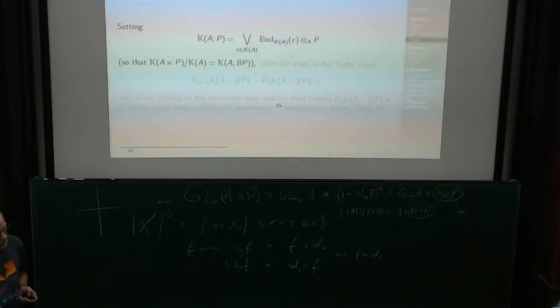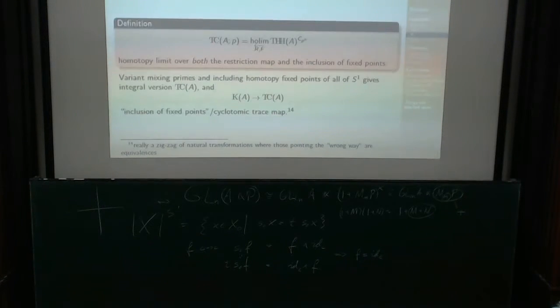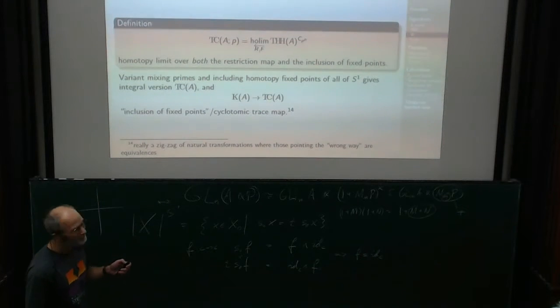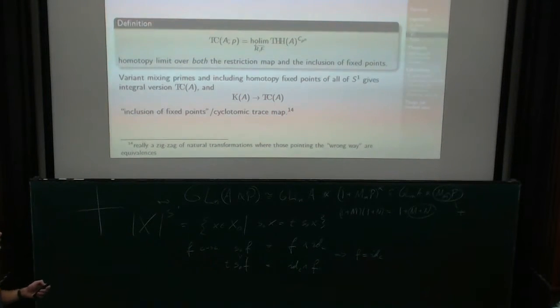Okay, so just a word on, yeah? Yeah, okay, so thanks. We knew that inside here, inside topological Hochschild homology, and now allow me to write K-theory of A instead of A there, because we know that everything inside here is homotopy invariant.